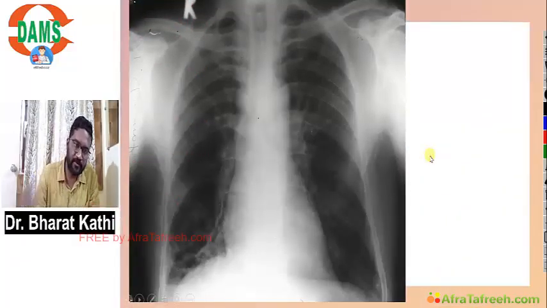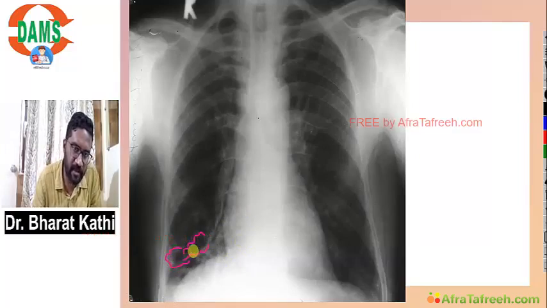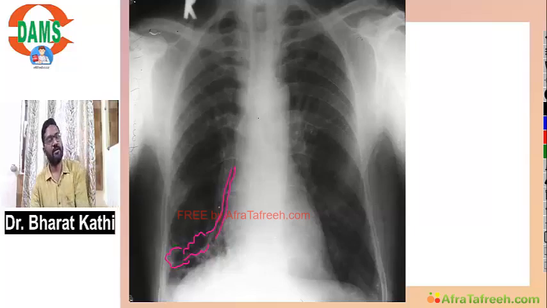Then what do you see here? You can see some cystic areas, and can you notice here this bronchus? This bronchus is abnormally visible. So cystic areas and this abnormally visible bronchus. What is your diagnosis?